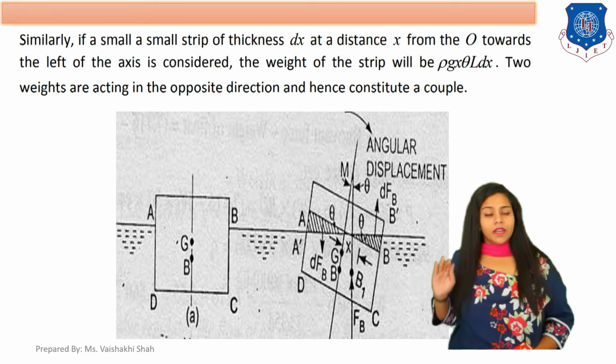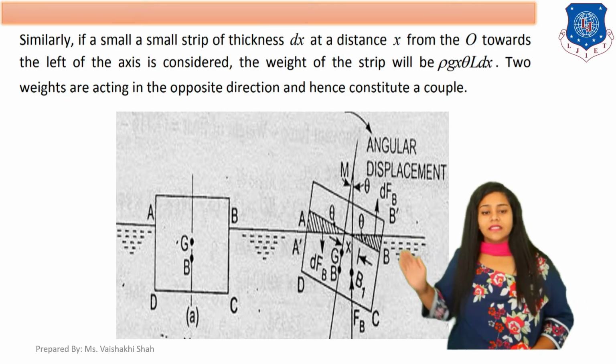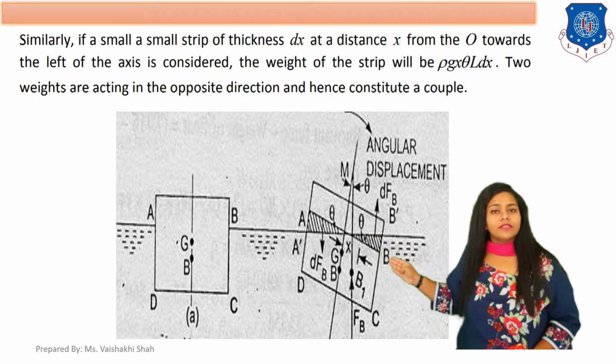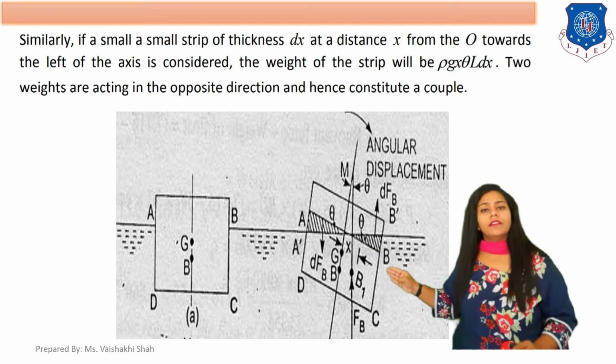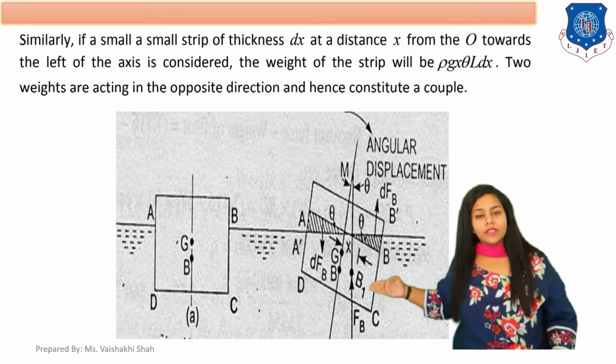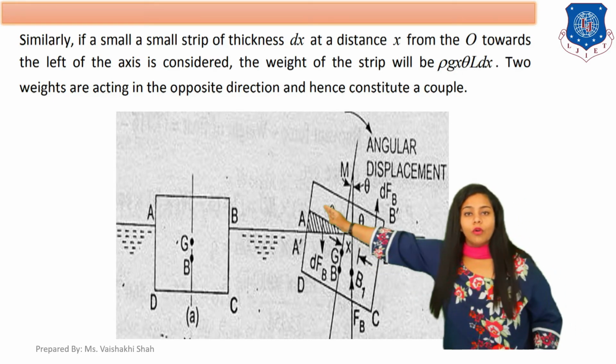Similarly, in the above diagram we are considering two triangles, OB'B and OA'A. On triangle OB'B we selected an elementary strip. Likewise, the same procedure can be applied for triangle OA'A.